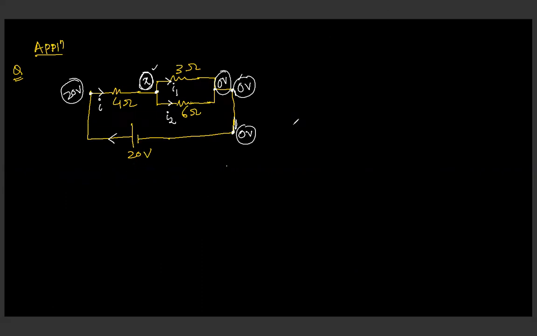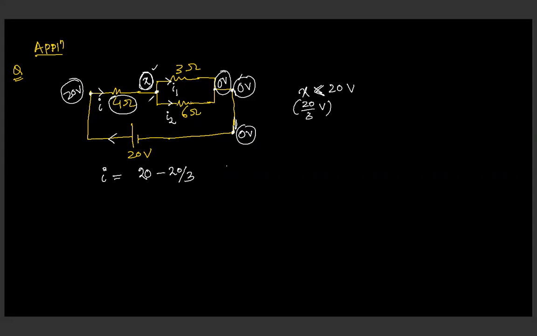Now we are sure, as we have already calculated the value of X, that X is less than 20 volt, because X is 20 by 3 volt. So that is not going to alter the calculation. So I is equal to 20 minus 20 by 3, because I is the current flowing in the 4 ohm resistor.